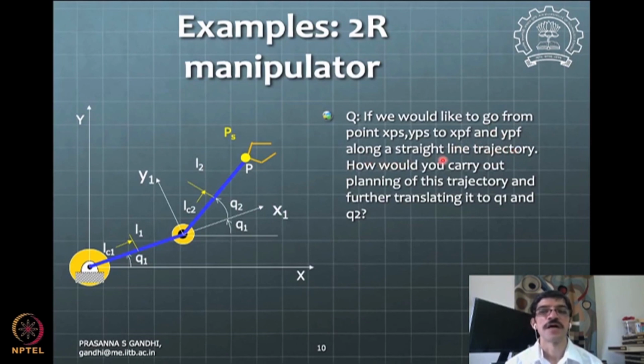Okay, that is what our aim is, some kind of a straight line I have to go along. So how do I carry out planning of this trajectory and then get further estimates of the sensor resolution? So I'm given that I have to go by the straight line trajectory for some kind of assembly line operation, or some kind of operation.